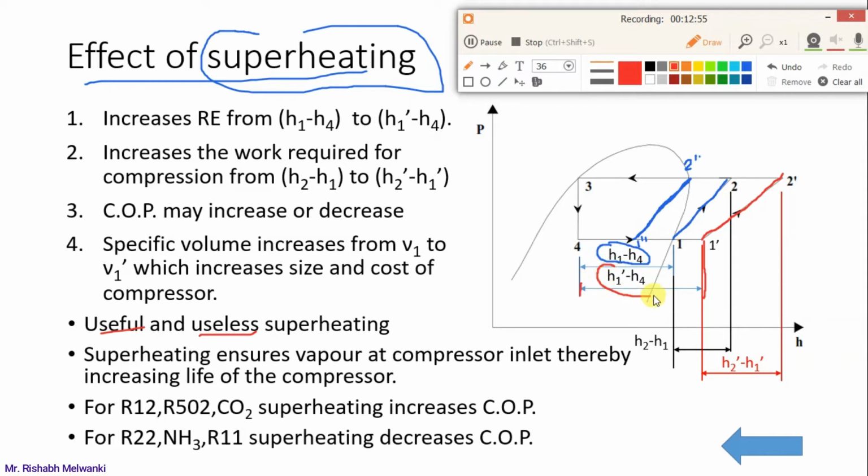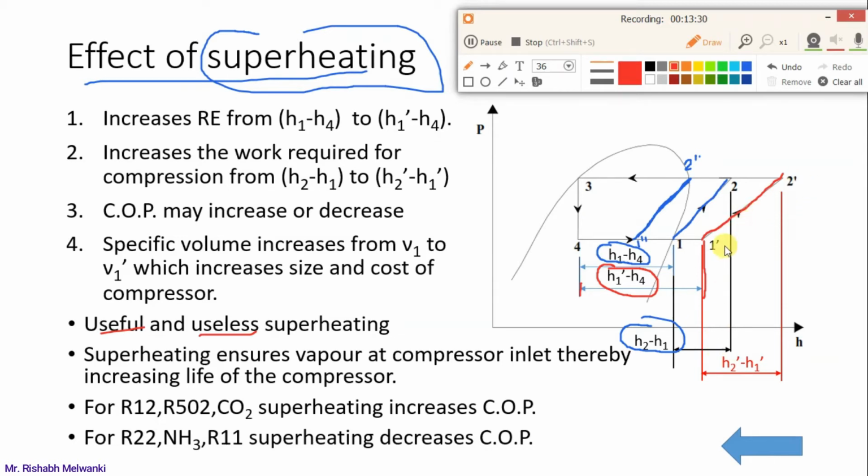Here you observe the refrigerating effect has increased. Whereas if you consider the second thing, that is the work consumed by the compressor, for the initial cycle 1, 2, 3, 4, the compression work is H2 minus H1. And when I consider the second cycle, that is the effect of the superheating, cycle 1 dash, 2 dash, 3 and 4, what is the compression work?